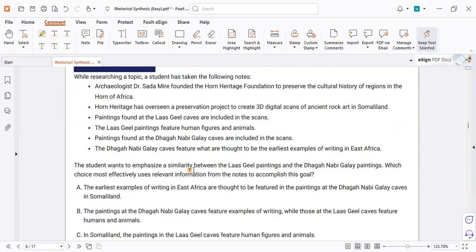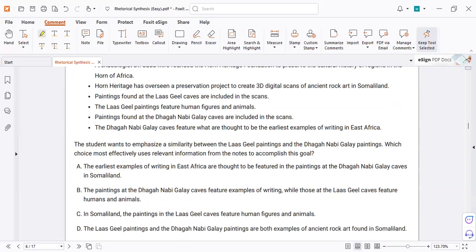Next number, what did he do? I did it as B. Letter B, no. We need to read again. Similarity again. Similarity. Okay.